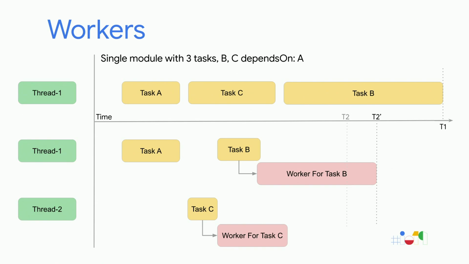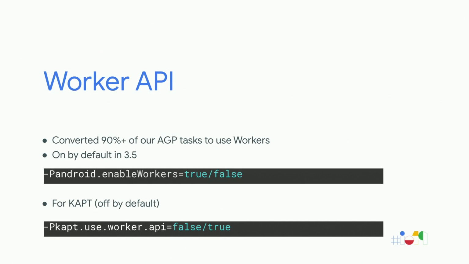So this is a very brief description, but what is important to realize is that if you have tasks that you've written yourself, if you have a plugin, you really should consider switching all of your tasks to use workers.